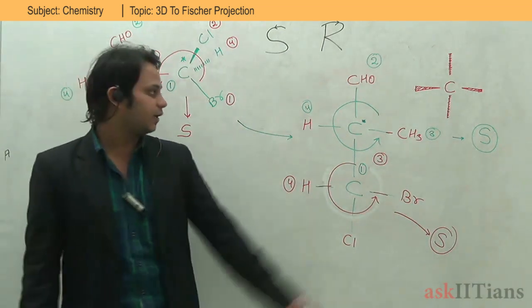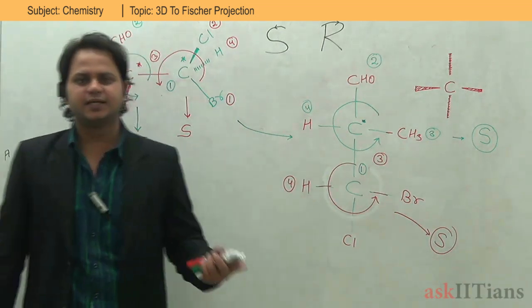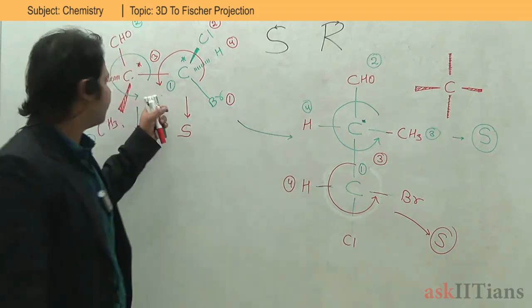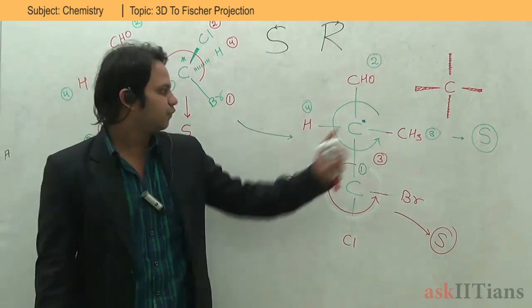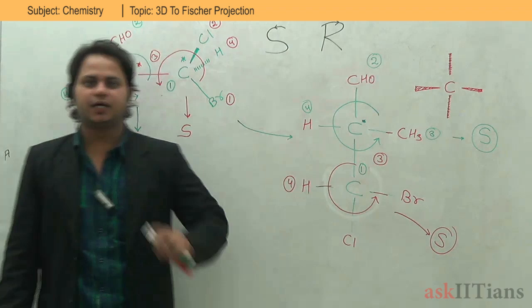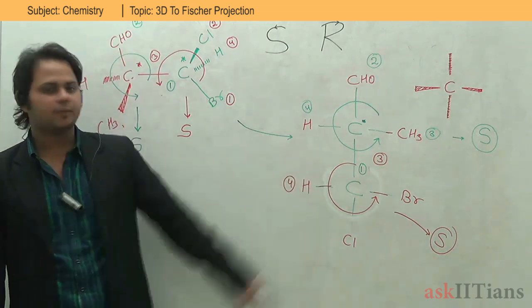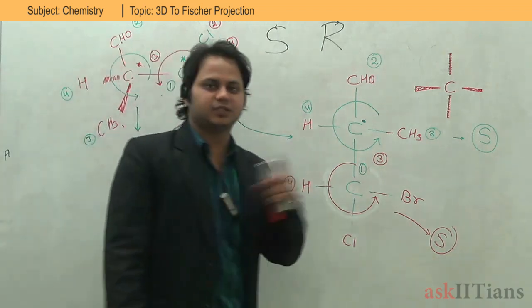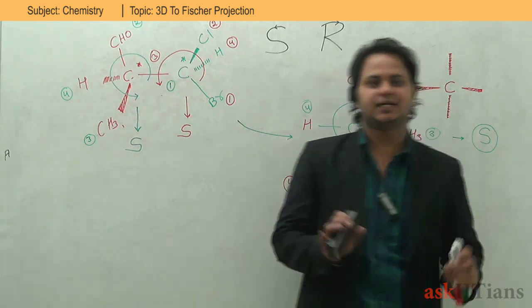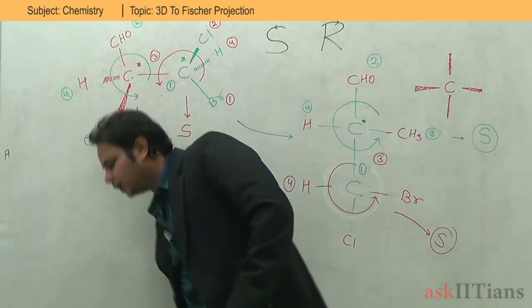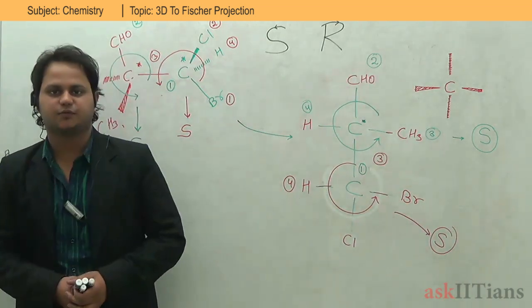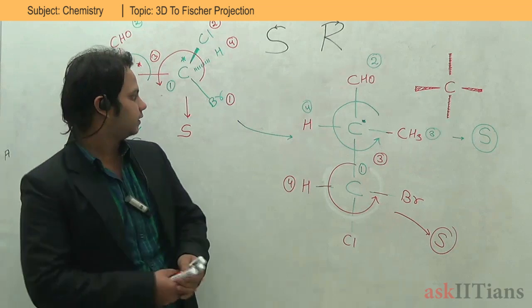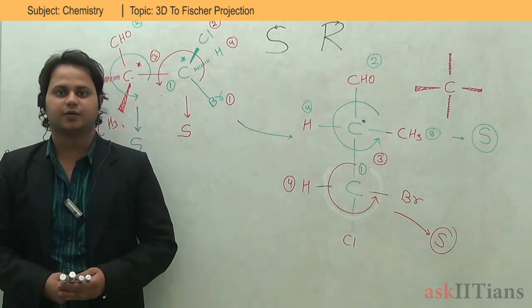Then you have to take care of the configuration. If your configuration is right, matching whatever we have in the 3D, that is good. If you don't get that particular rotation, that means there is something wrong and you need to change the position of a substituent. That's it. That is the only thing you have to do to get your Fischer projection from 3D, and I hope that is the simplest thing, so you can do it.